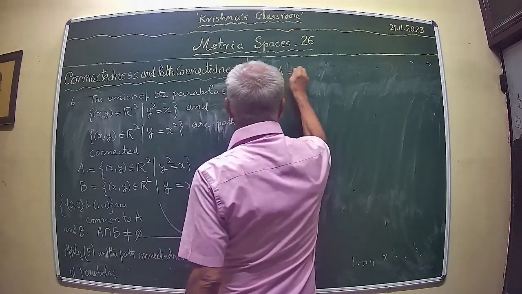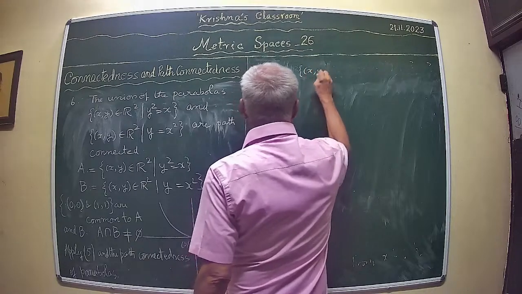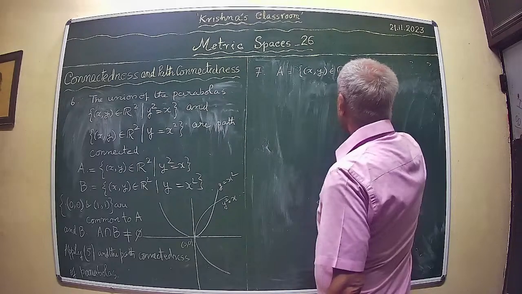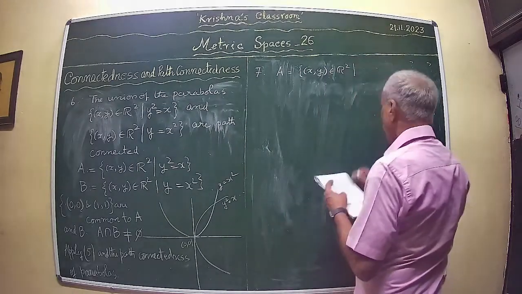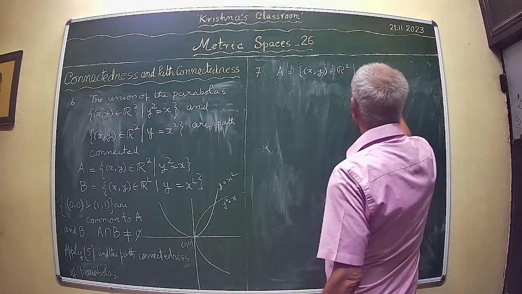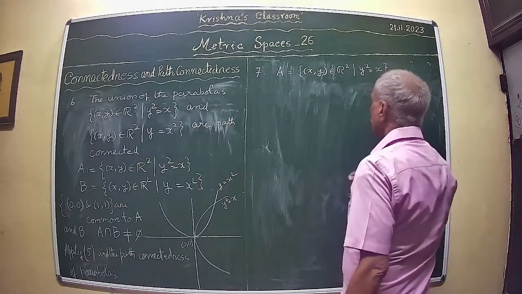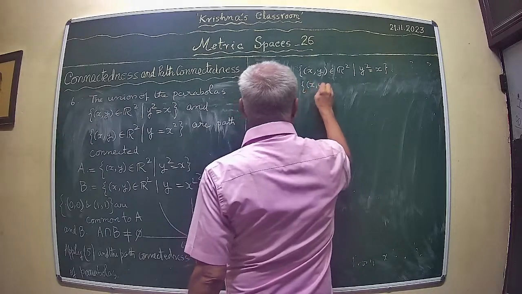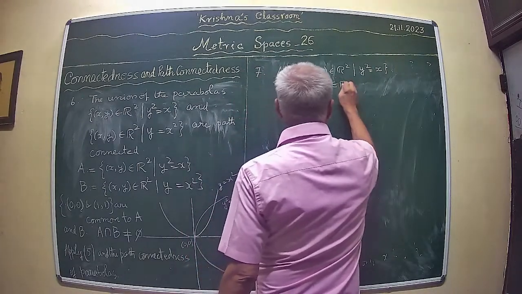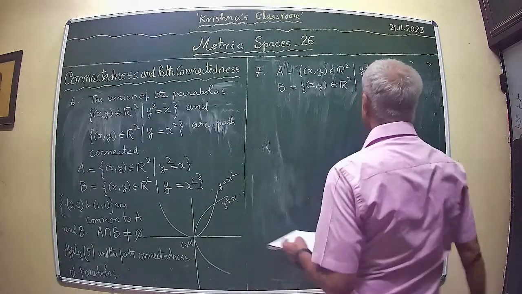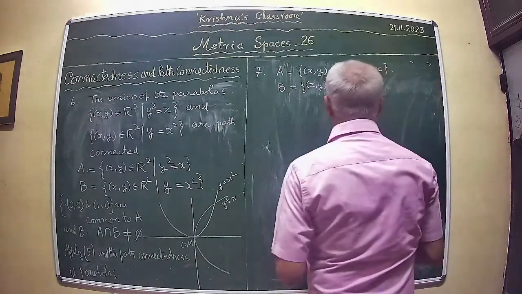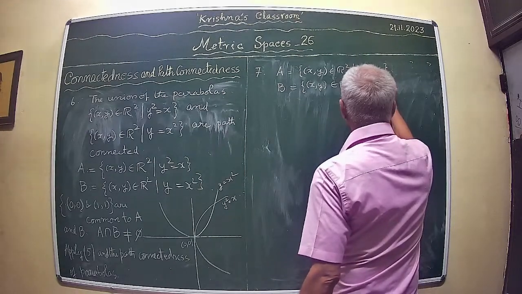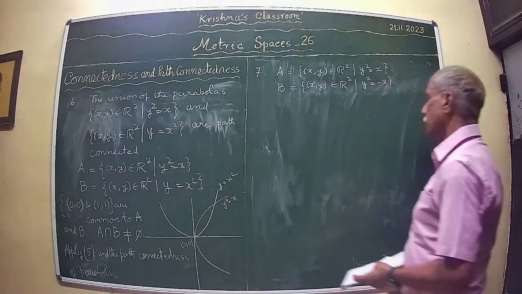A you take as y square equal to x, B you take as y square equal to minus x.